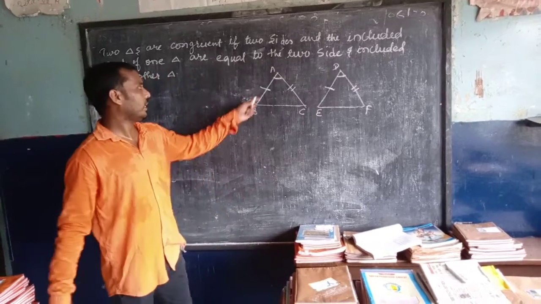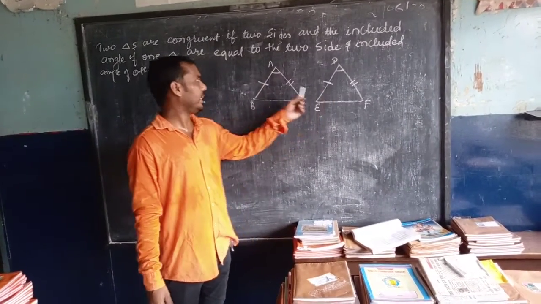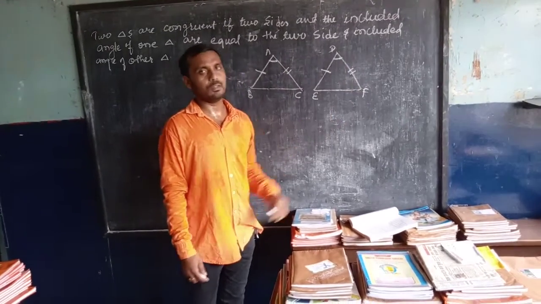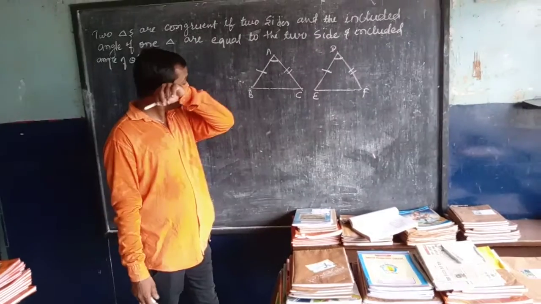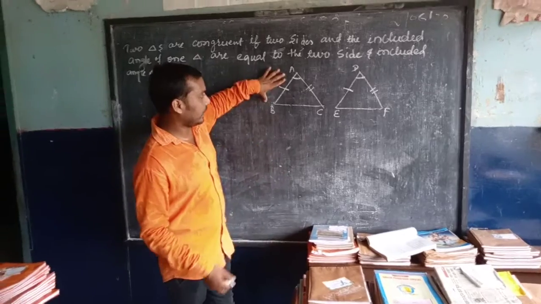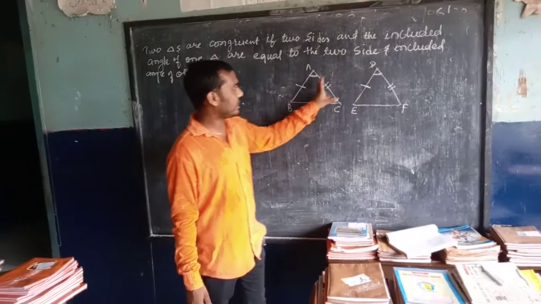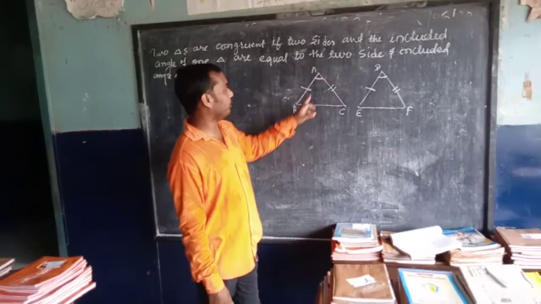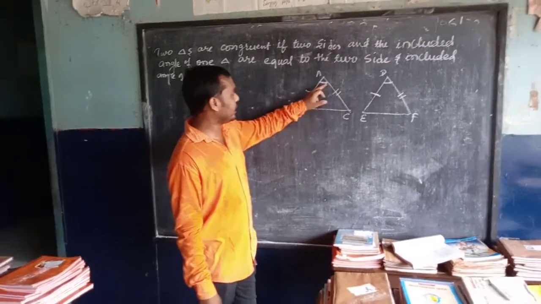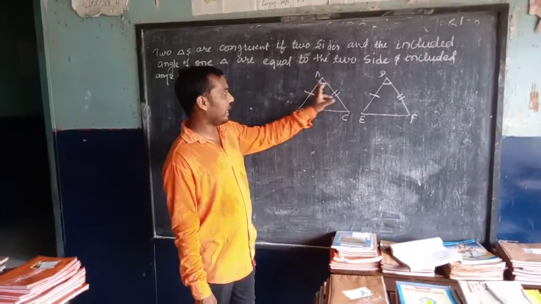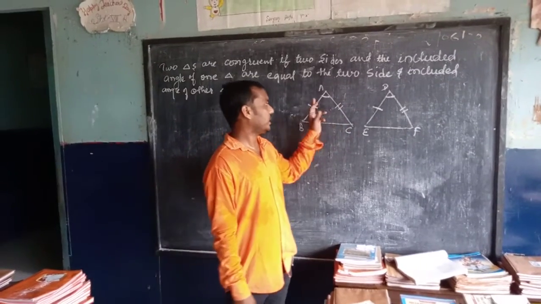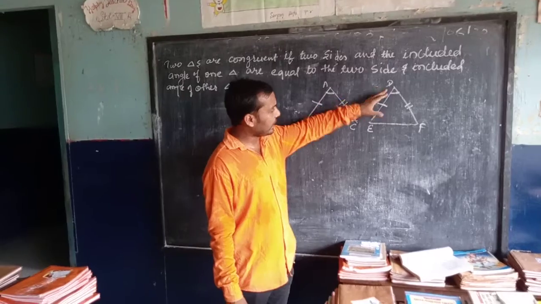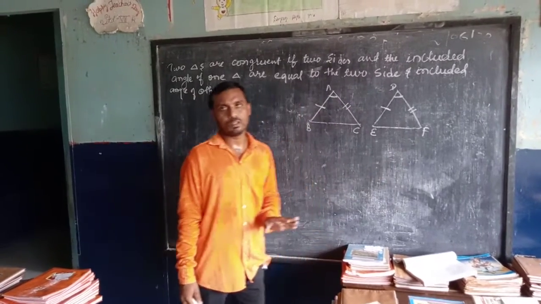So here, students, two sides AB and DE, AC and DF are equal, and the included angle between them, that means angle A, which is between AB and AC, is equal to angle D, which is between DE and DF.